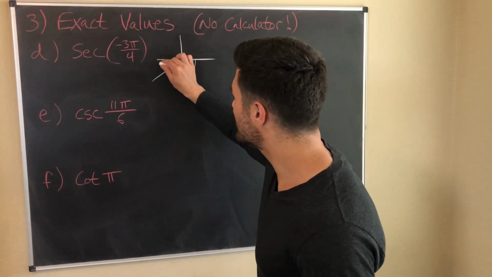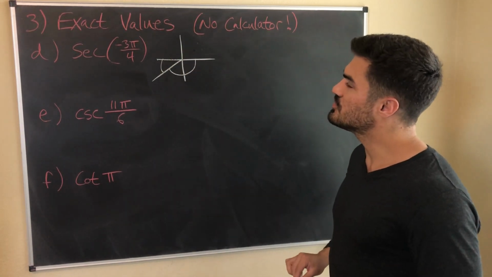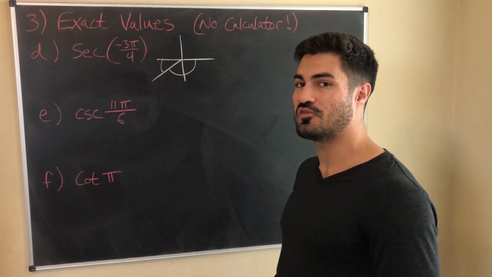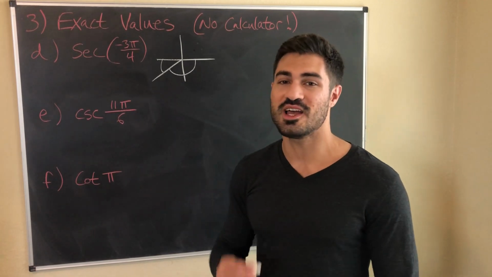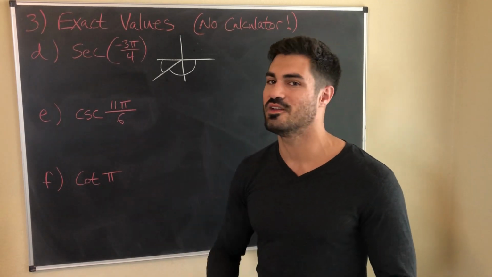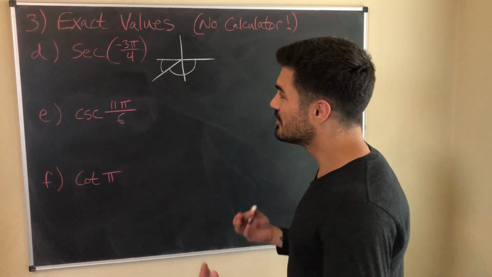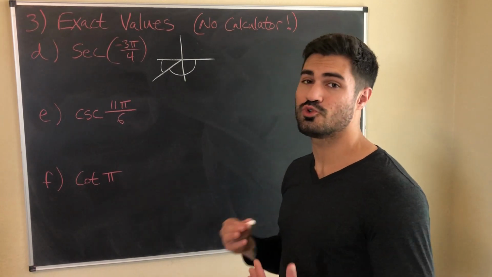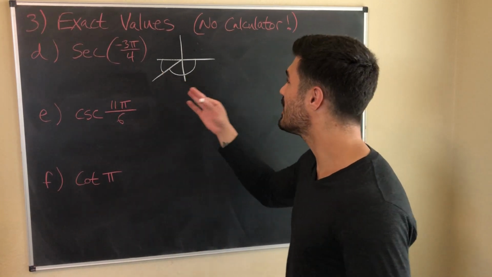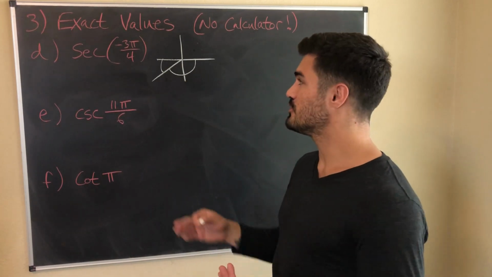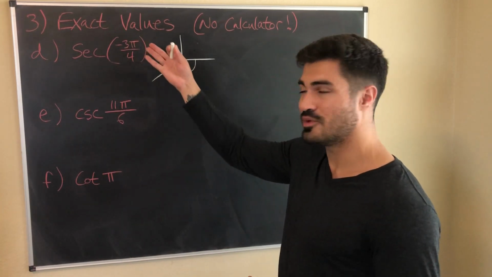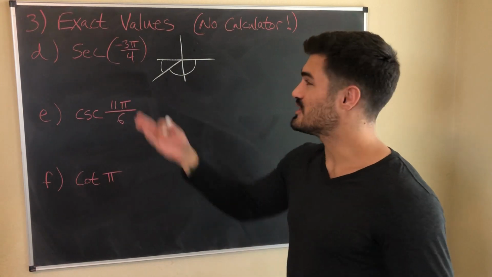And our reference angle is pi over 4. So the cosine of pi over 4, because again, I'm going to get cosine and then flip it, because I don't really know the secant of pi over 4 off the top of my head. The cosine of pi over 4 is √2/2. And we are negative, so -√2/2 would be the cosine of -3 pi over 4. But we're going to flip that since we're dealing with secant.